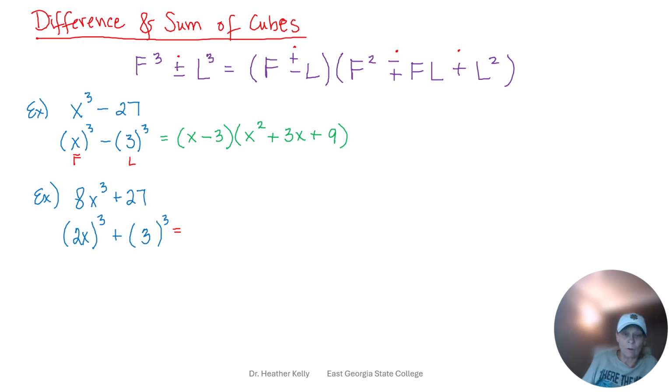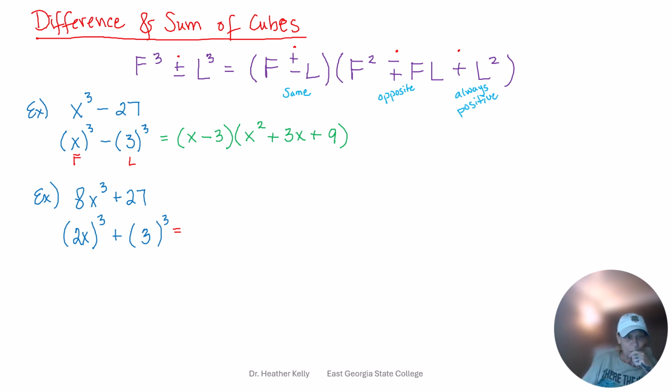There's a little acronym for this, and it's SOAP: Same, same, opposite, always positive. That's the pattern that you always have with this.